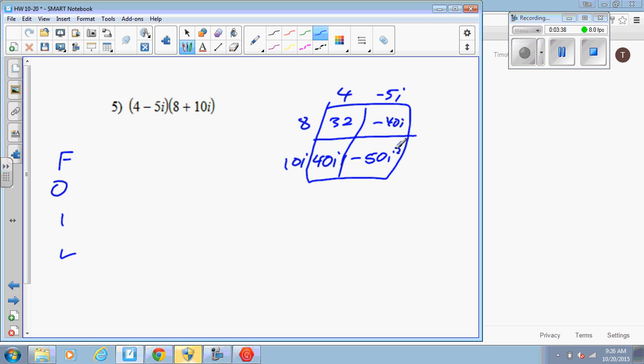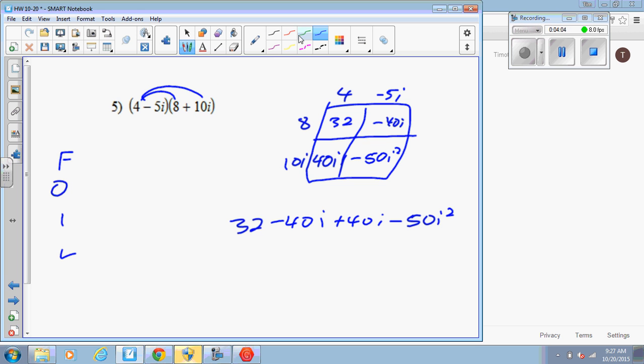Okay, so now when I combine like terms, I'm going to write it out as 32 minus 40i plus 40i minus 50i squared. Whether you did this method here, or you did it over here, or you wrote it out with the this and this, it all gives you the same thing.